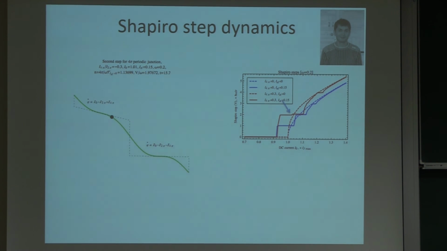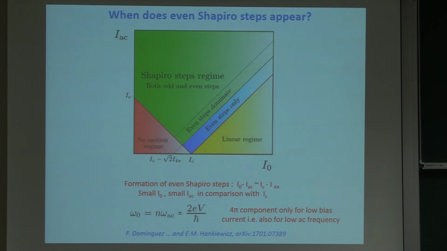But if I go to the 4π step, then I can only stop at one of these minima, because you see I'm just sliding from the first one while I am just stopping only on the second one, so one can nicely see this. So we have the full phase diagram where we now expect a no motion regime, where we expect no Shapiro steps, where we expect even Shapiro steps which are related to this 4π periodicity and formation of 4π supercurrent.